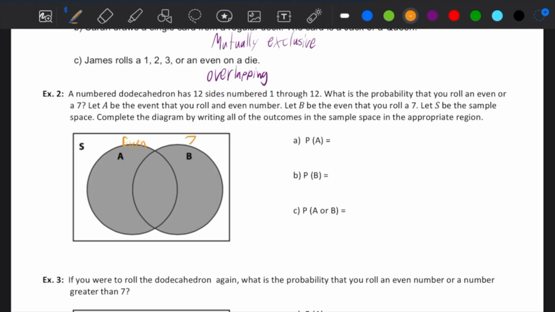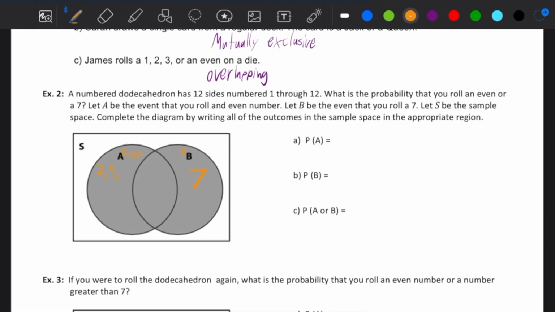Let S be the sample space, so these are all the potential outcomes. Complete the diagram by writing all the outcomes of the sample space in the appropriate region. So over here we'll put 7, it's the only number that fits that description. And I probably should put 7 in here, and I should probably put even in here.